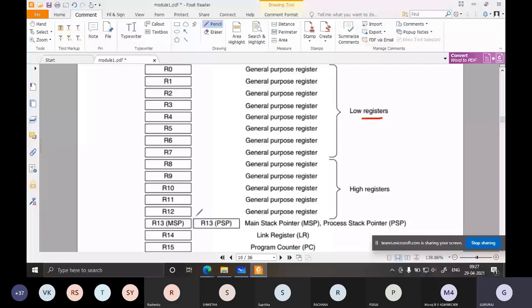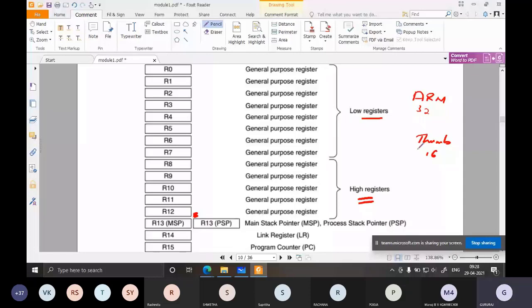Why are these classified like this? I told you there are 2 sets of instructions: the ARM instruction set and the thumb instruction set, where ARM instructions are 32-bit and thumb instructions are 16-bit. This classification is based on how the registers are accessed.